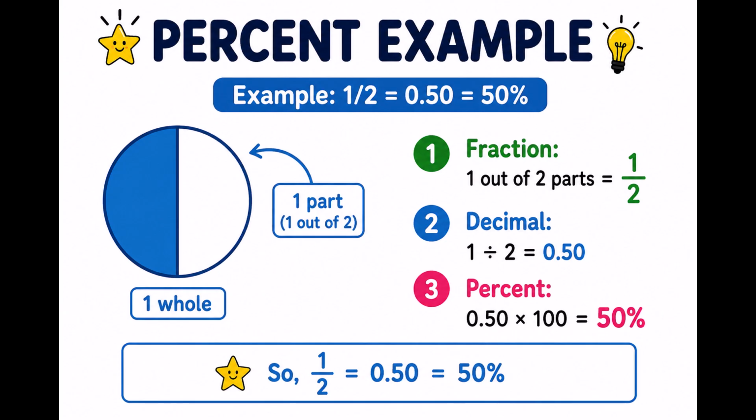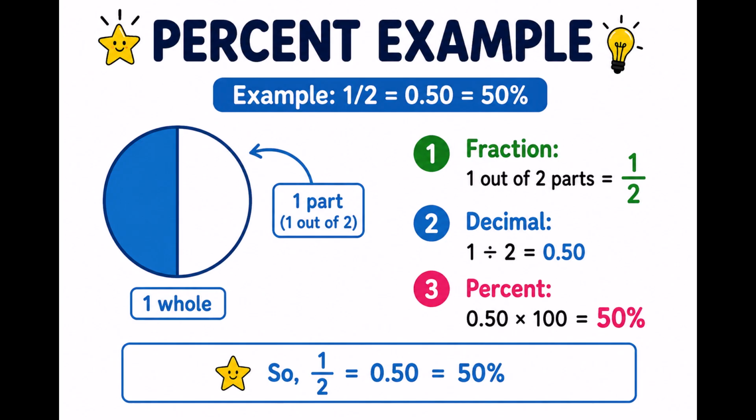So divide the numerator by the denominator. 1 divided by 2 equals 0.50. So half equals 0.50.